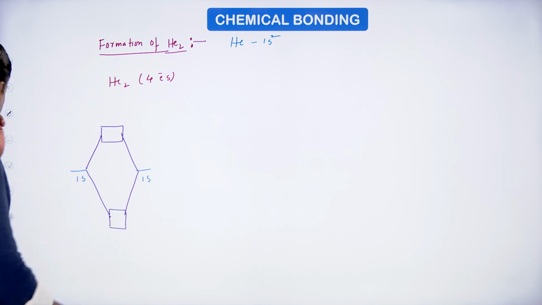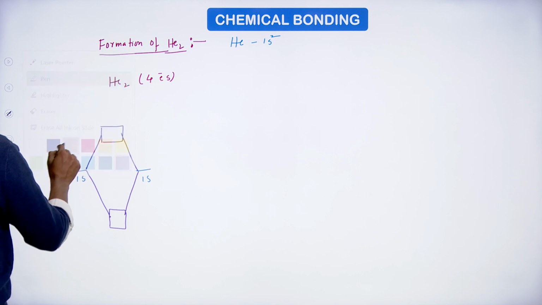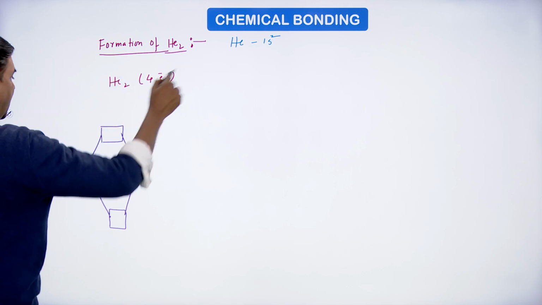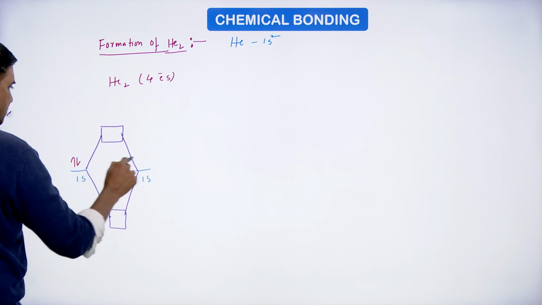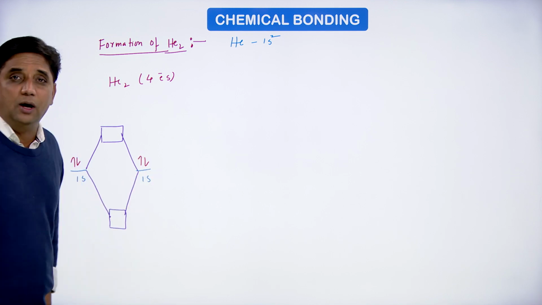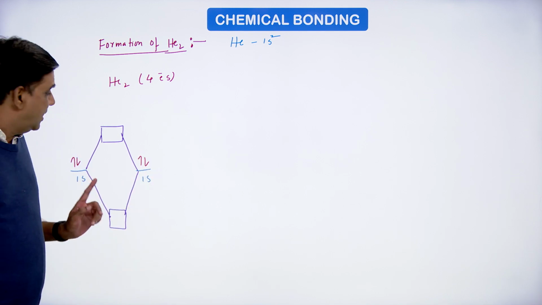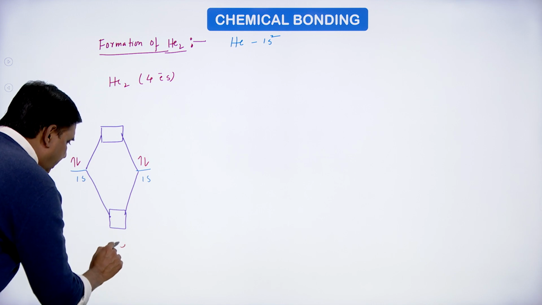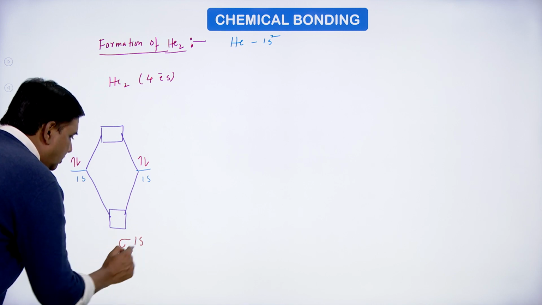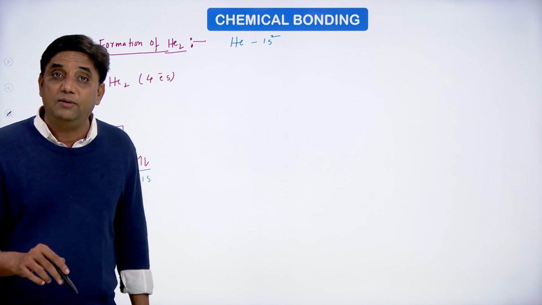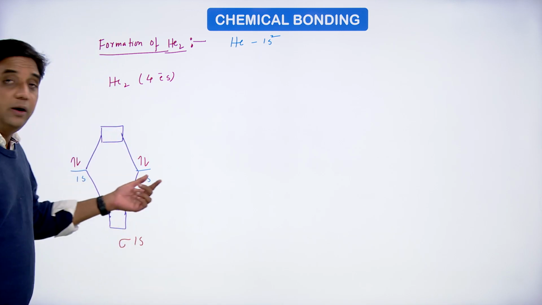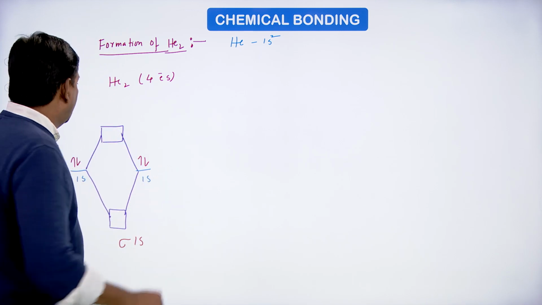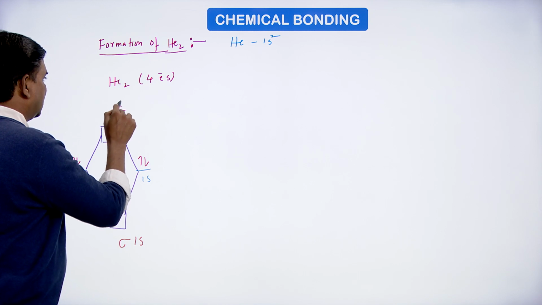This is the 1s orbital of one atom and this is the 1s orbital of the other, and here you have 2 electrons each. This is the molecular orbital energy diagram. This is the sigma 1s bonding orbital. We already know that bonding orbitals always have less energy than the parent orbitals, and anti-bonding orbitals always have more energy.